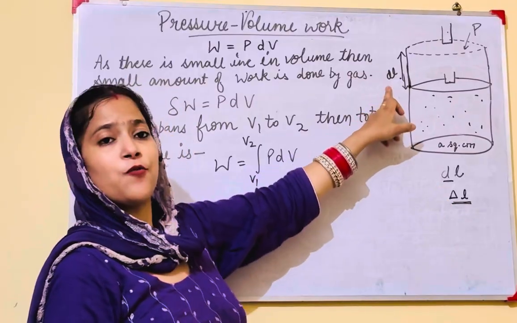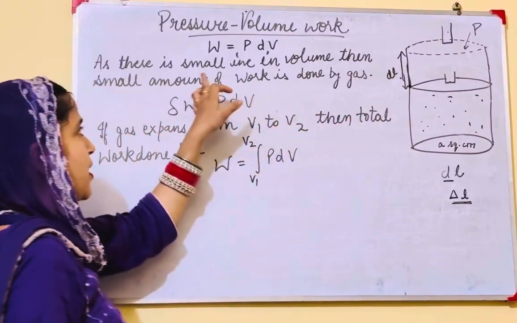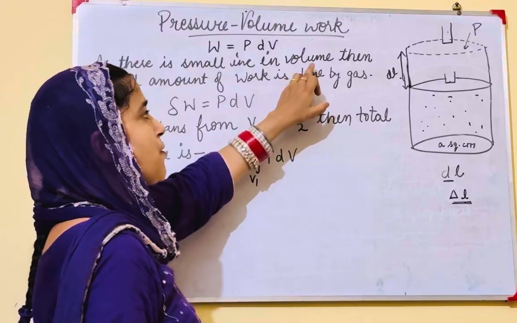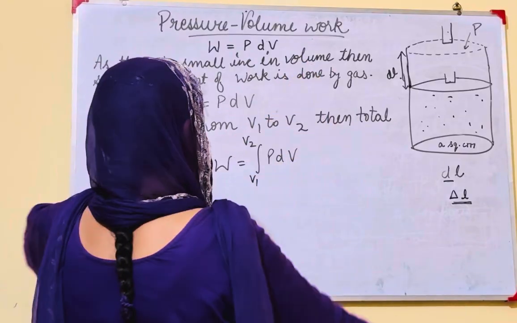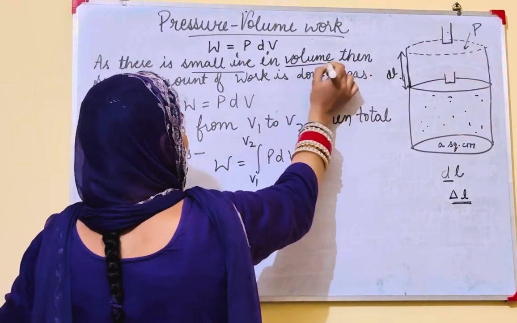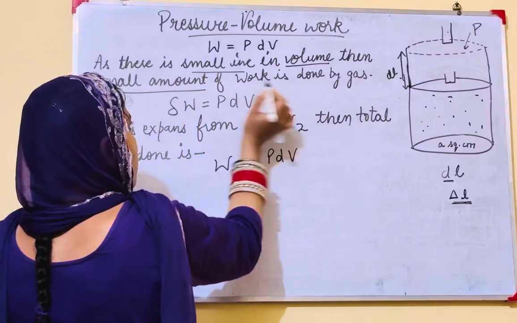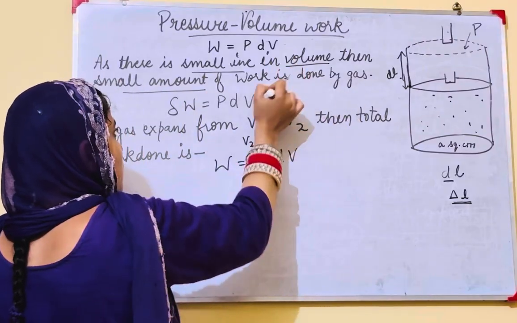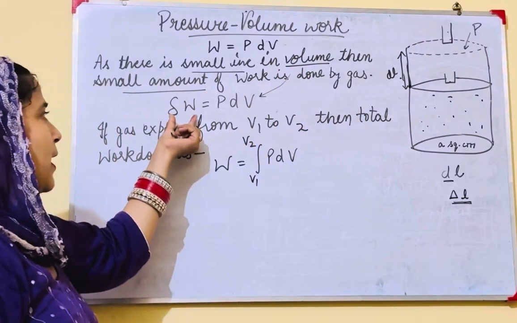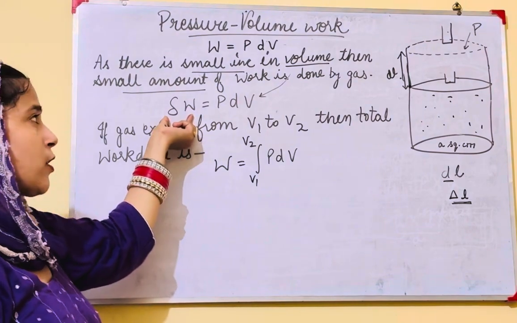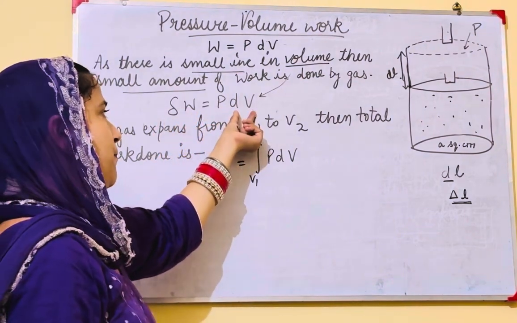Here the change is very small. If displacement is small, then there is a small increase in volume, and the small amount of work done is given by this. This equation can be written as delta W, meaning small work done, equals P dV.